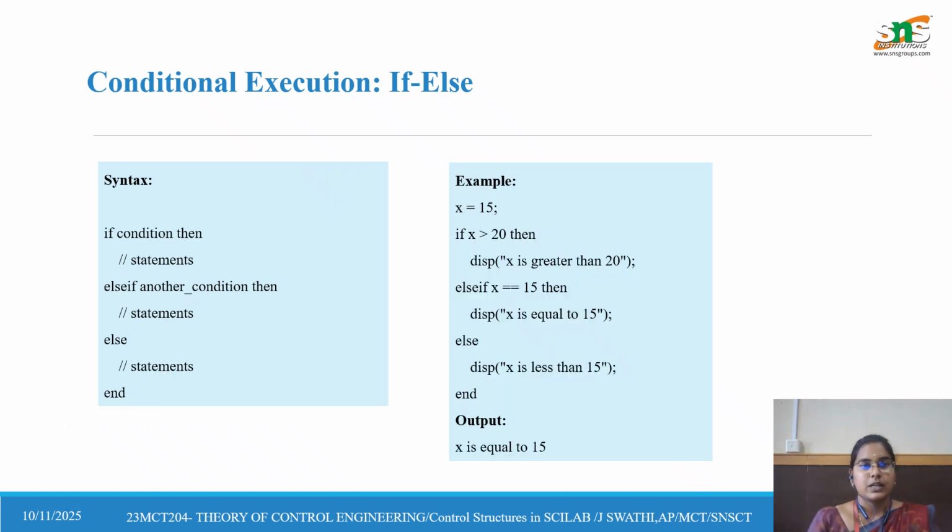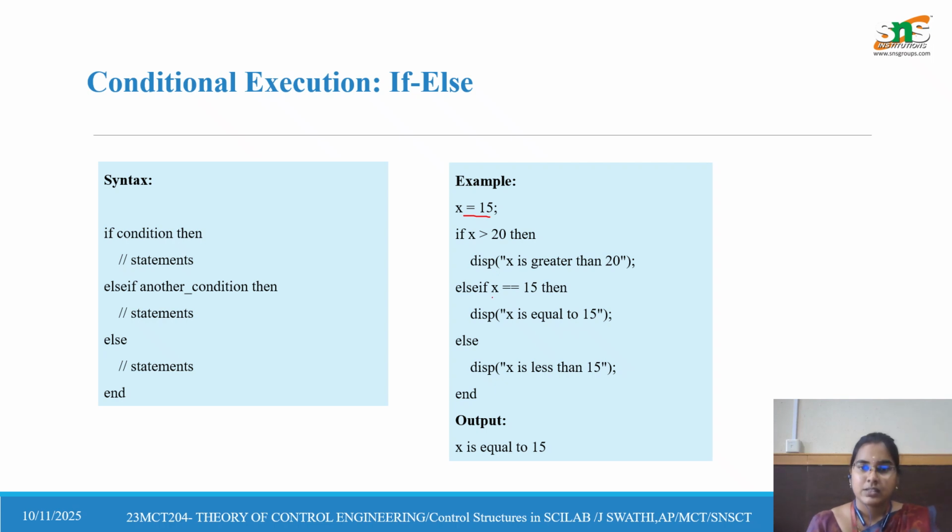Coming to the program, I am going to check whether x is equal to 15 or not. So x is equal to 15. If x is greater than 20, then display x is greater than 20. If I give a number greater than 20, it has to notify greater than 20.